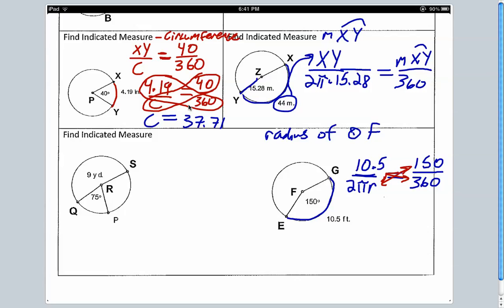When I do that, I'm going to get 2 pi r times 150 equals 10.5 times 360.